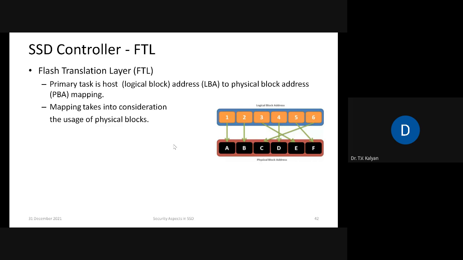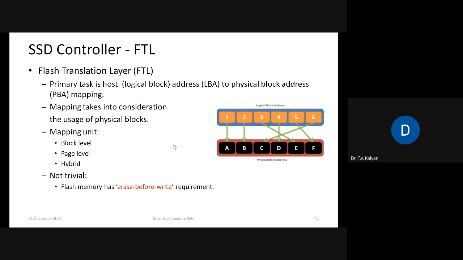The main problem that the SSD controller needs to look at is that the flash memory has this erase-before-write requirement. So even though it is trying to read or write to an available page, it cannot overwrite in the same location, so it needs to pick some other location.